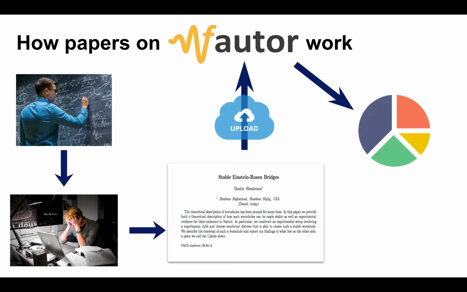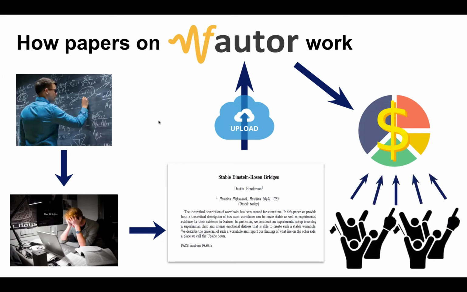And what happens is that people on the platform, members of the public or other researchers, they can take a look at your paper and say, oh, that's really interesting stuff. I like this research, I'm going to buy a share of this paper. And by buying shares of that paper, you generate some money for the researcher or researchers. So you have these Fouters, they buy shares, you generate some money.